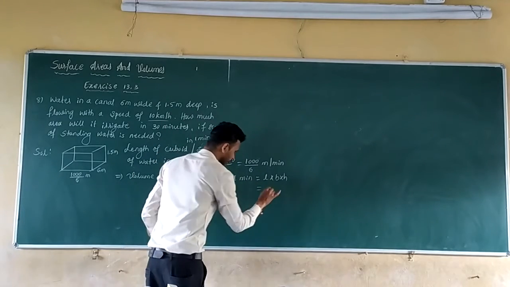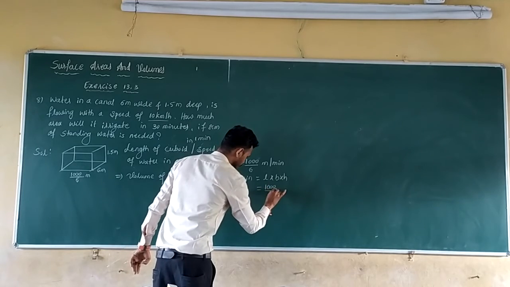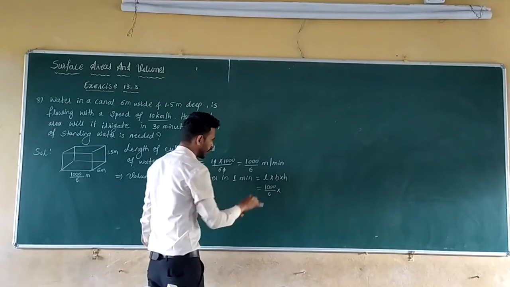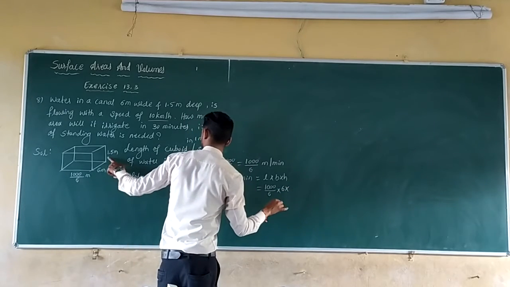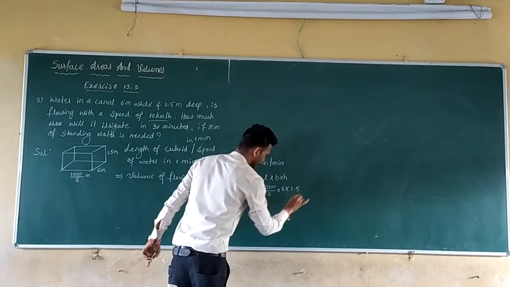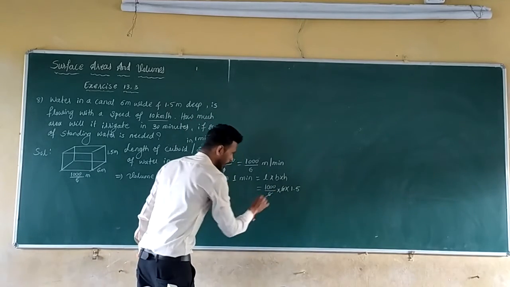So what will you get here now? Here the length is 1000 divided by 6, into breadth, which is given as 6, into height, which is 1.5. So the 6s get cancelled, so 1.5 into 1000.